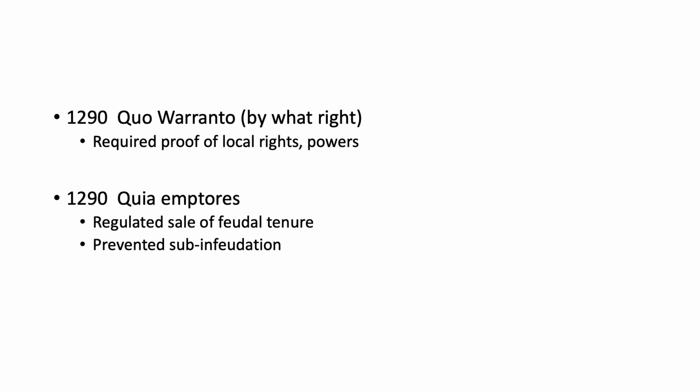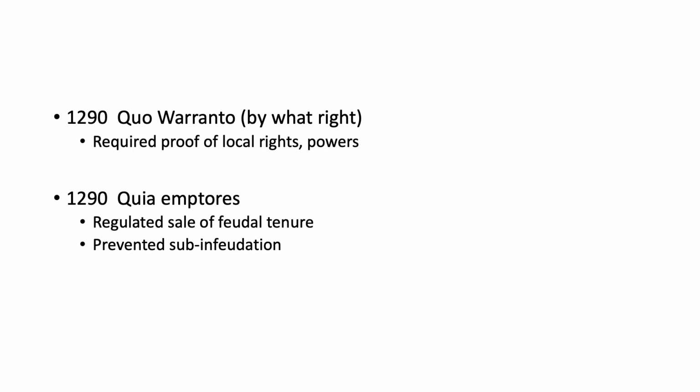Probably the most significant and most sweeping of these legal changes is quo warranto, which is translated, by what right. He actually sends out a requirement for all the vassals that hold lands in England to prove that they own that land. So how did they first acquire it?